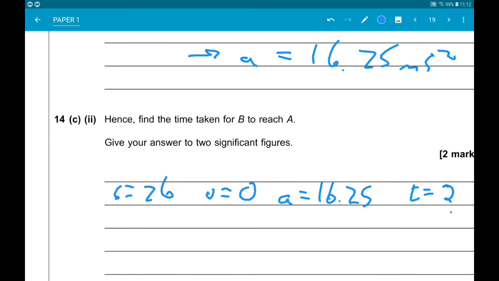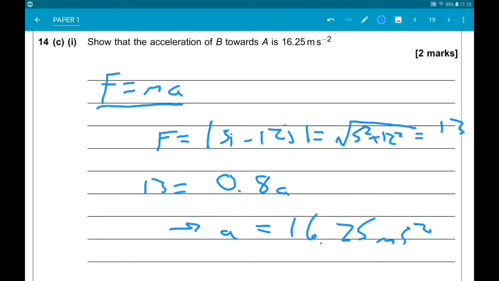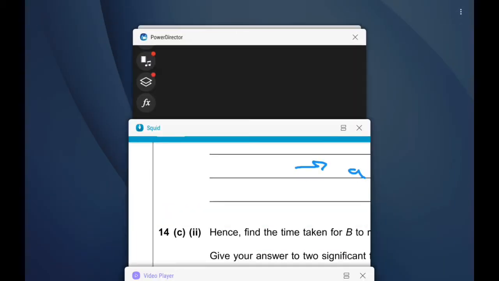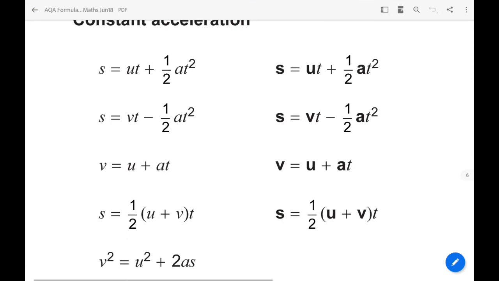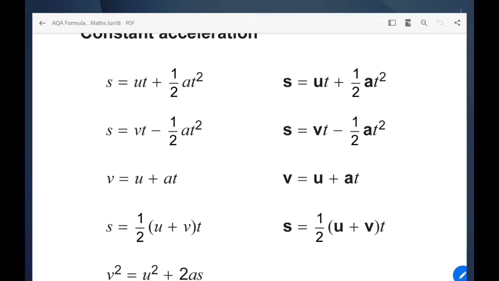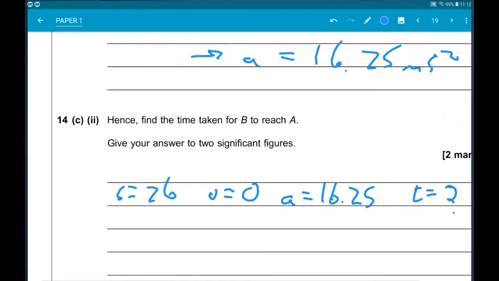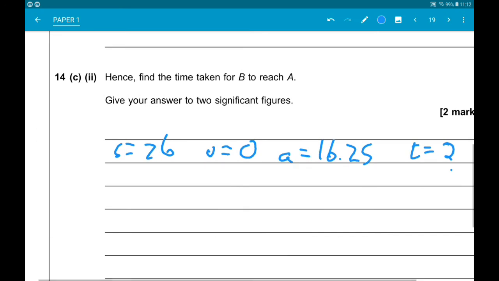So, it's a job for Suvat, and the one we are going to use is S is equal to UT add 1/2 AT squared. So, using that, we get 26.